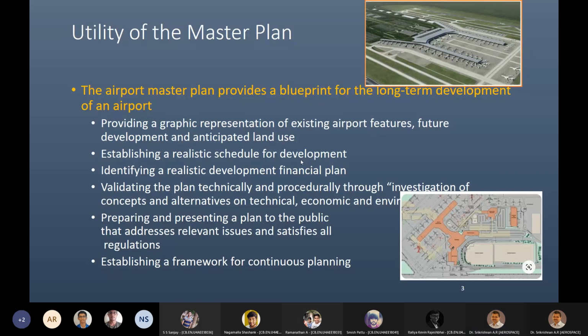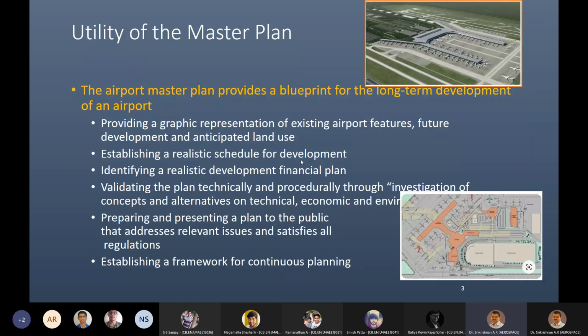And once you have that kind of picture, it provides a realistic time schedule for the development. That is, how much time it is going to take for acquiring the land, completing the construction, and providing the facilities.